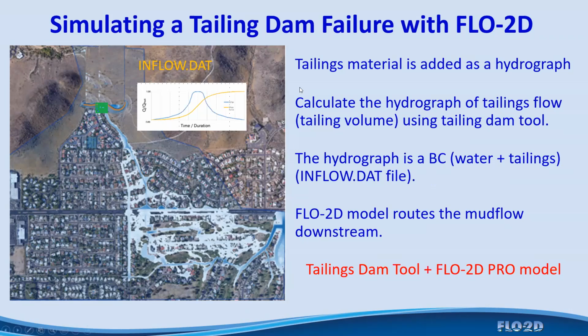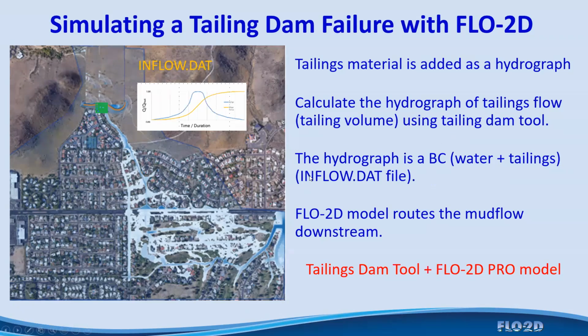If you decide to use the Tailings Dam Tool to generate the hydrograph and impose it as a boundary condition to the FLO-2D domain, you will need to calculate the hydrograph of tailings flow using the tool.